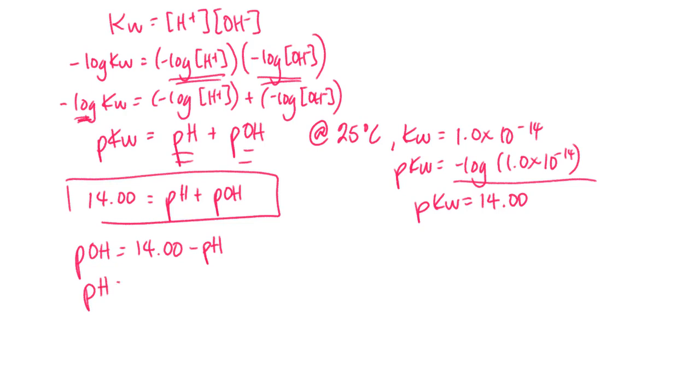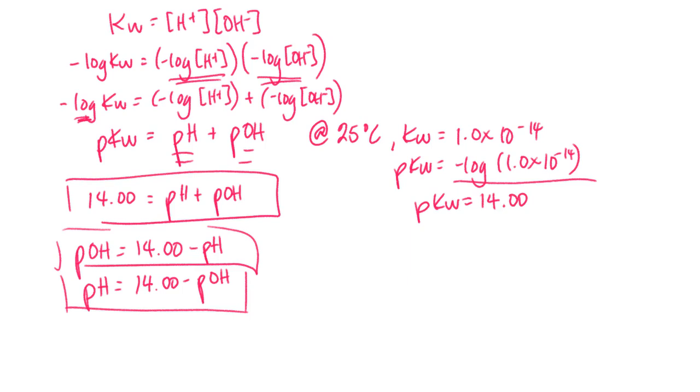Similarly, if I have the pOH but I don't have the pH, I can easily find the pH by taking the pOH and subtracting it from 14. So as we're going to see in the example calculations in the next slide, that actually comes in handy.